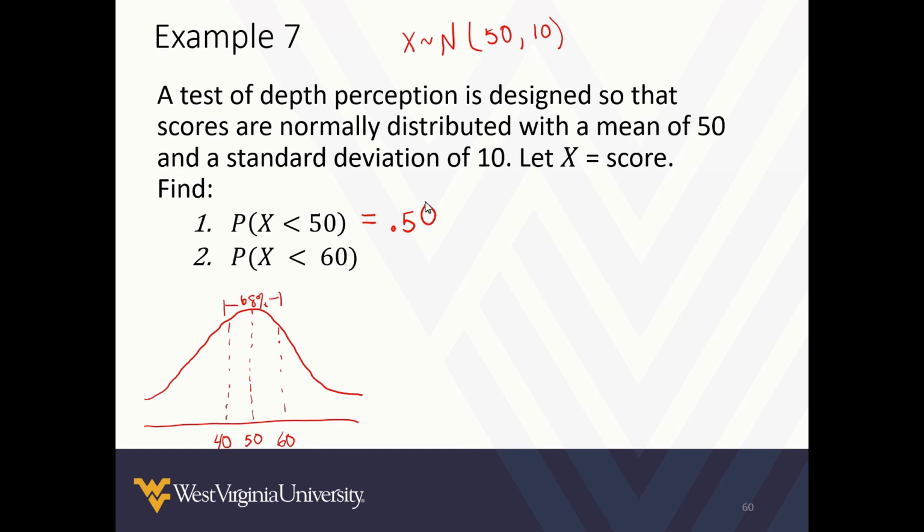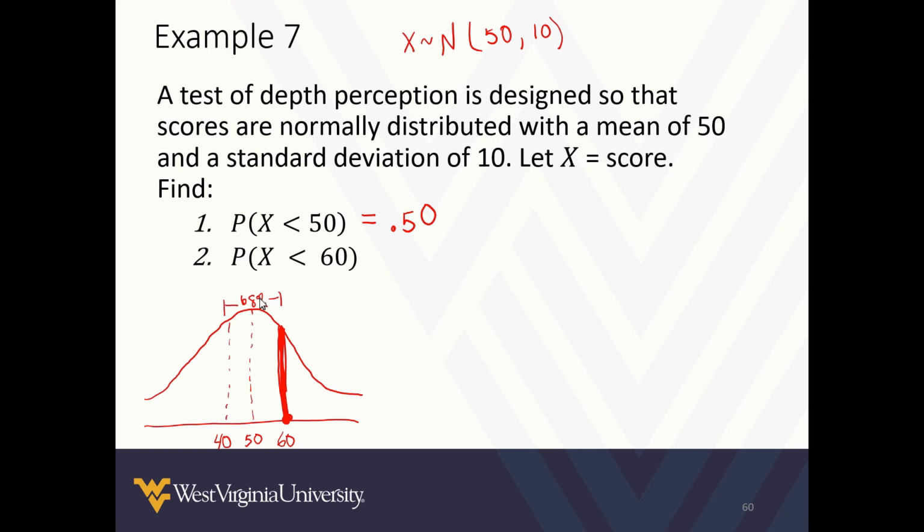But now we actually are going to be interested in using our 68, 95, 99.7 rule, because now we're being asked to find the probability of x less than 60. Now we can see that 60 is here on our graph. And we know from 40 to 60, it is 68% of our data. But what about everything else?